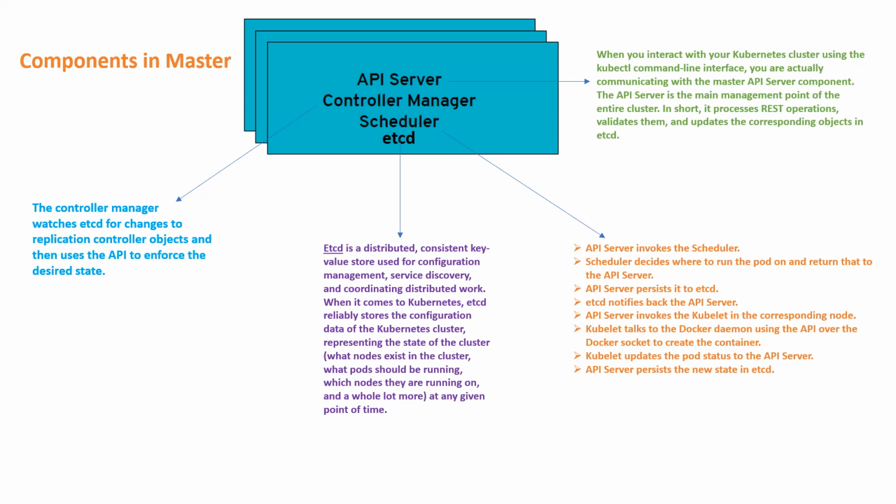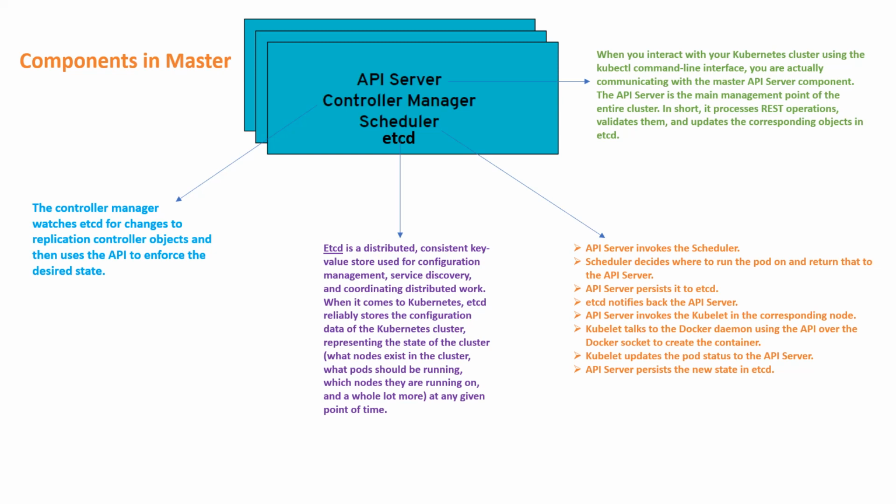Now comes the scheduler. Whenever there is a communication from the outside world to the API server, the API server internally invokes the scheduler. This scheduler decides where to run the pod and returns that information back to the API server. The API server persists it to etcd, since etcd, as I told before, holds the metadata of the entire cluster.